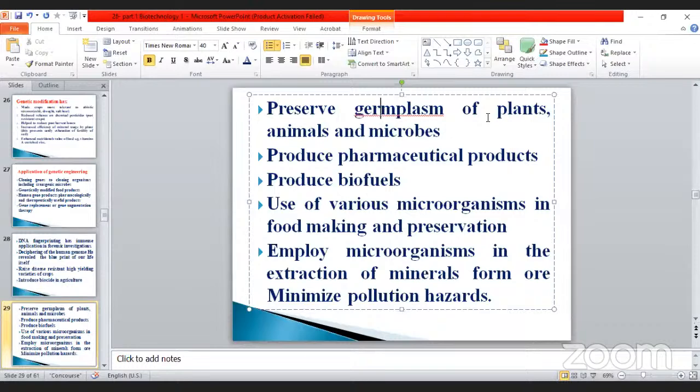Which microorganism is used as a preservative? Normally, any food product that is commercially prepared uses some chemical substances for preservation. Take an example, sodium benzoate and sodium citrate.